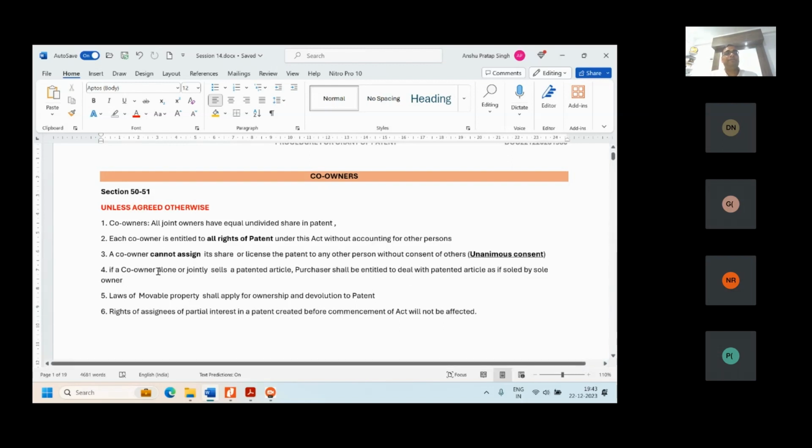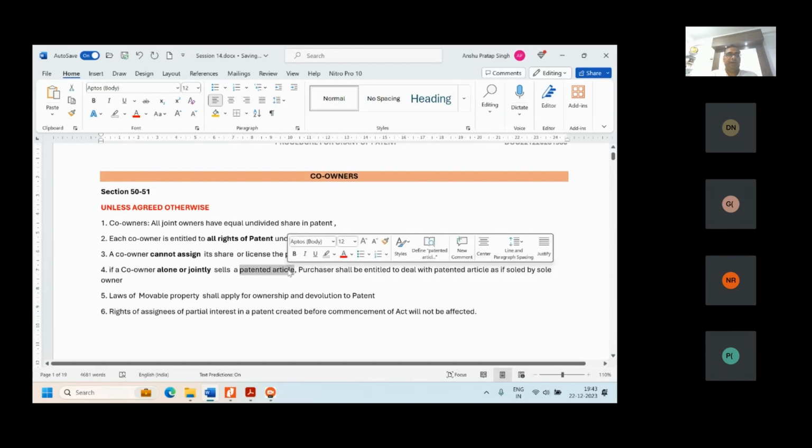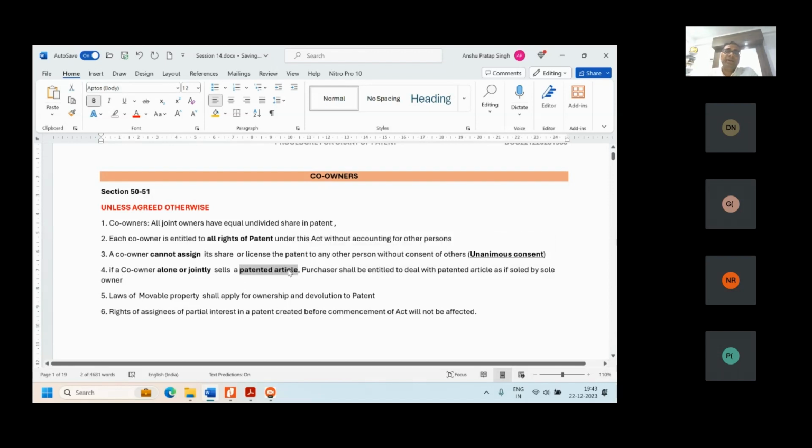Then comes the patented article. What is a patented article? A patented article is simply a product which is itself a patented product or which has been manufactured by the patented process. If you have sold that patented article, the purchaser shall be entitled to deal with this article as if it was sold by the sole owner.